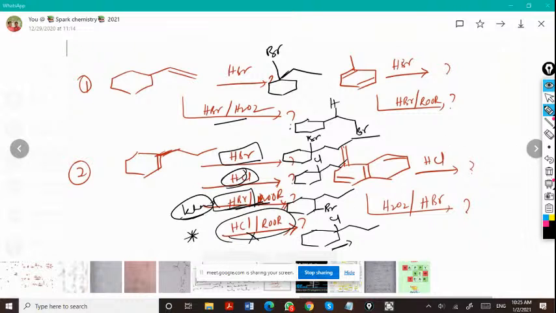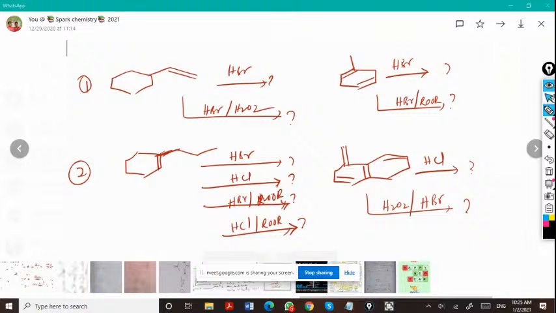Okay. So let's go with some more molecules. So here, if it is an electrophilic addition reaction, the more substituted olefin will have more nucleophilicity. So the attack will be at the more substituted carbon. So here it will be the final product. Okay.